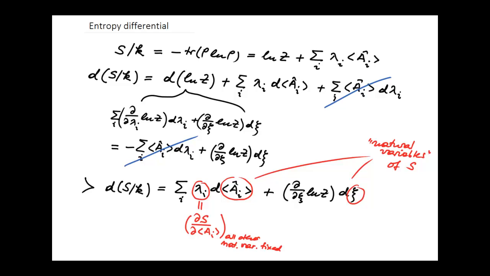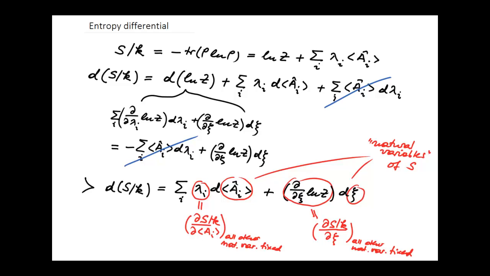And what's in front of the d psi, this here, this must be the partial derivative of S over K. Sorry, it's all S over K. This must be the partial derivative of S over K with respect to psi, keeping all other natural variables fixed.